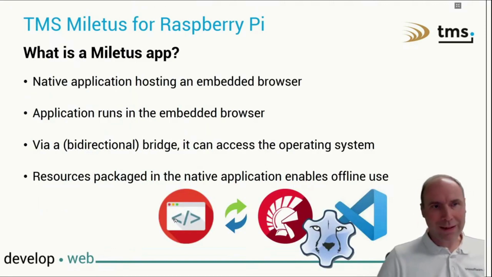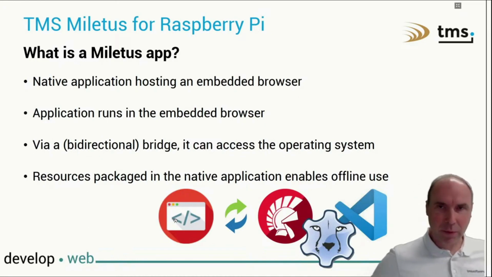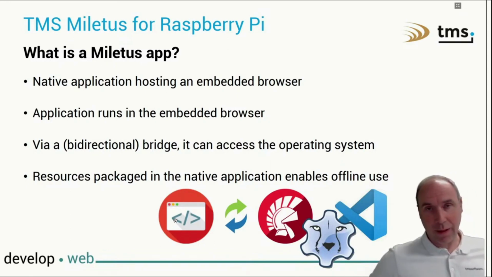First of all, what is a Miletus application? A Miletus application is a native application that runs on desktop operating systems, but also of course on the Raspberry Pi. And these desktop applications host an embedded browser. The actual application, the code that you write, runs within this embedded browser.